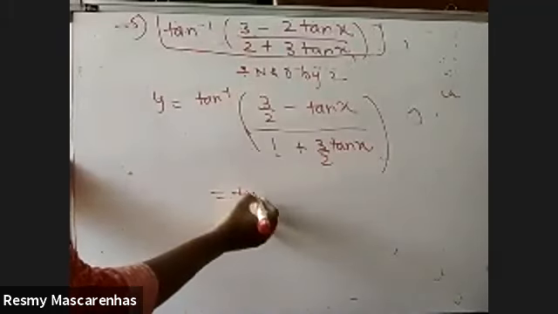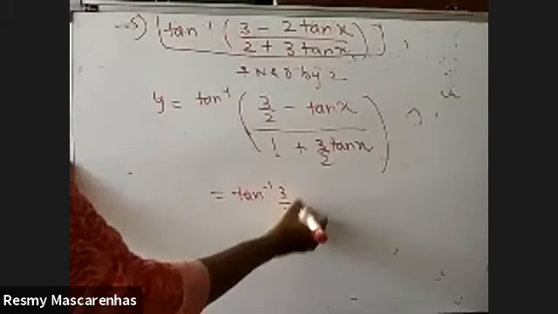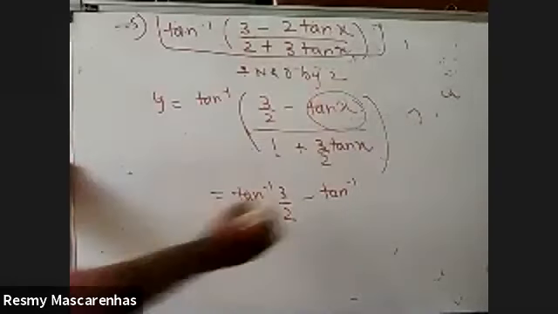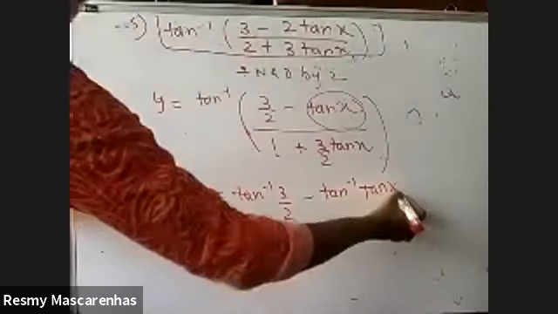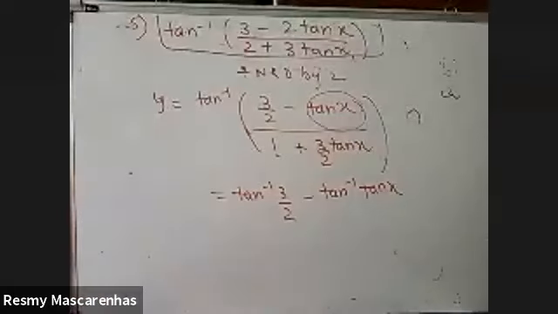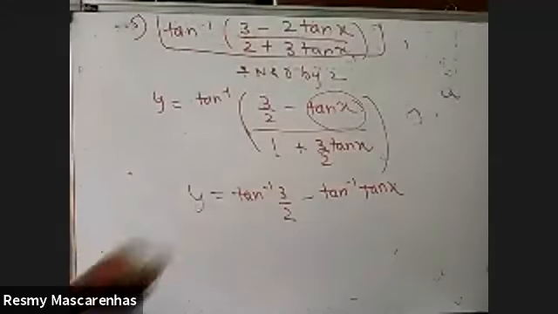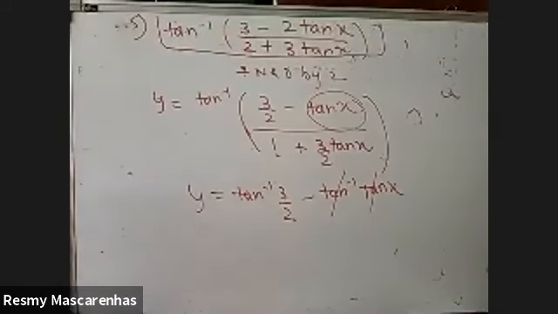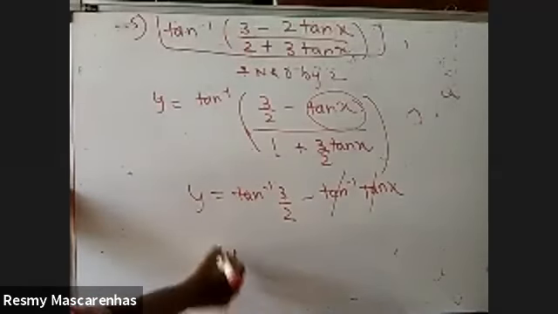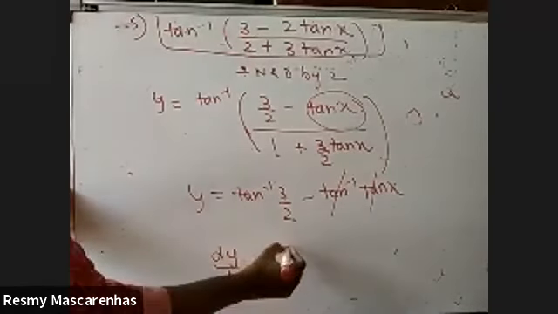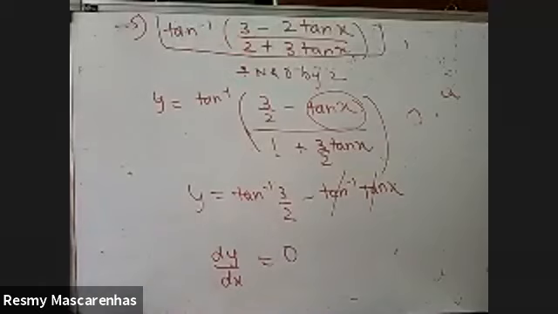So tan inverse of x minus tan inverse of, what is in place of y? Tan of, okay, tan inverse of this whole thing cancels and only x will remain, and the derivative will be, this is a pure number, so straight away the answer will be 0 and this will be 1.